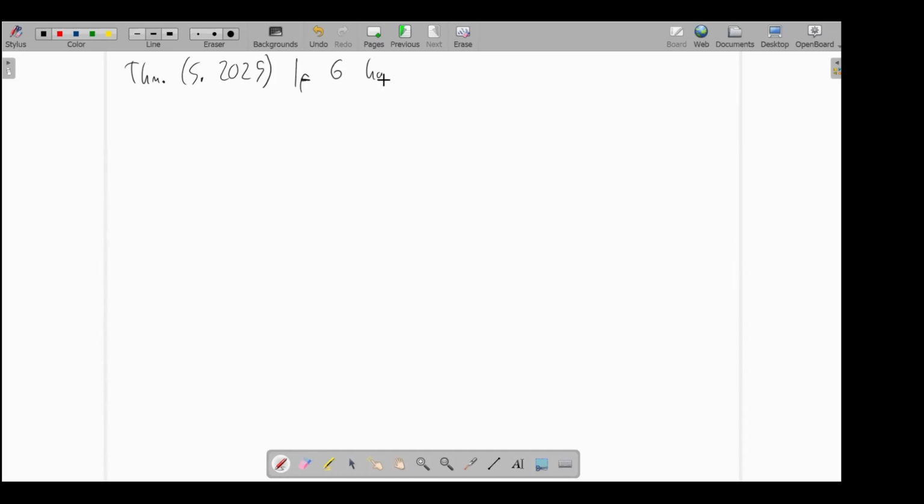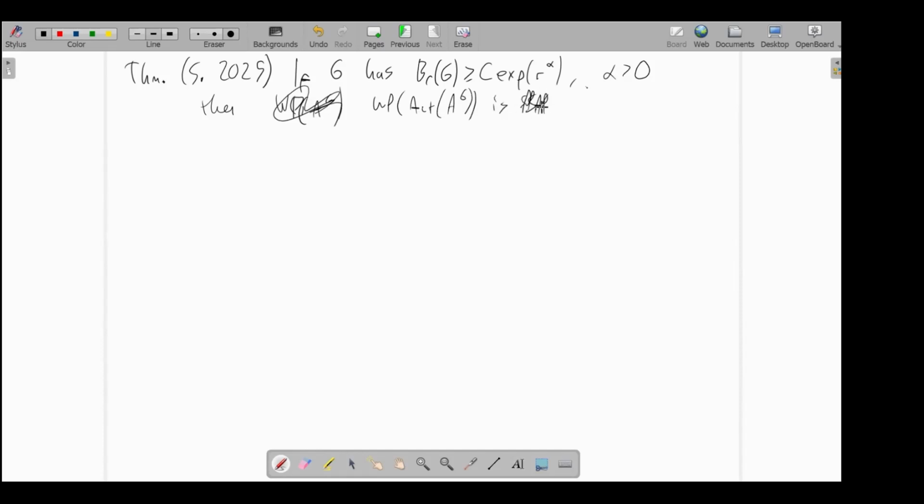If G has stretched exponential growth, by which I mean that the ball of size r is at least some constant times exponential of r to the alpha, where alpha is something positive, then already the word problem of the automorphism group A to the G is PSPACE-hard. Okay, and so why is that sort of interesting?